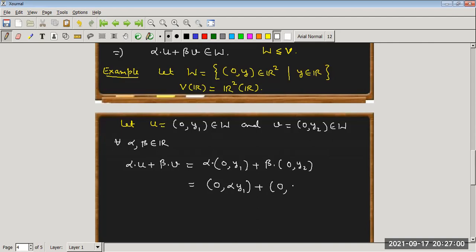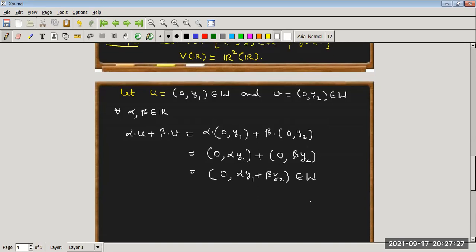Similarly, we get 0 and beta y2. Now adding, 0 plus 0 is 0, and alpha y1 plus beta y2. Such elements, whose first entry is 0 and second is any real number, belong to W.